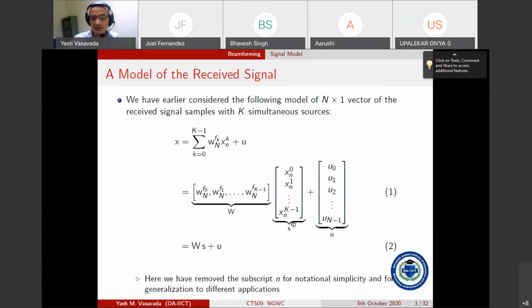In this generalized viewpoint, x0, x1, xk are now the modulation symbols themselves that are being transmitted by different transmitters. And if we confine ourselves to only M-ary PSK or M-ary QAM, we don't get into orthogonal modulation, then we have seen in CT516 that those M-ary PSK or M-ary QAM symbols can be considered as complex valued numbers.